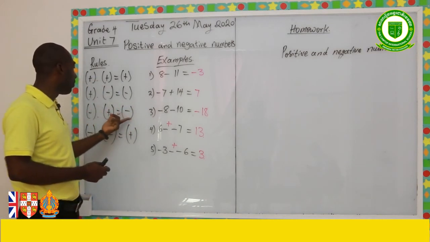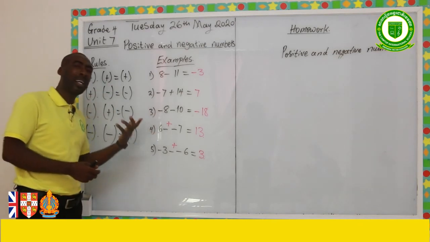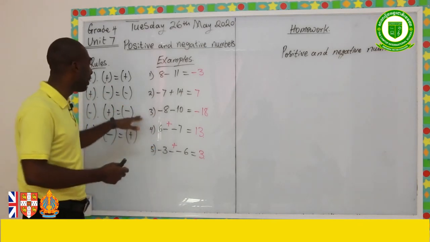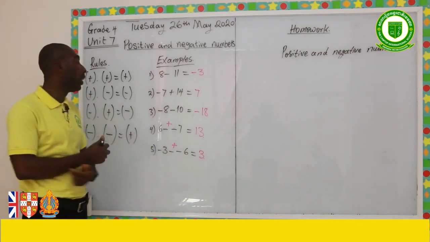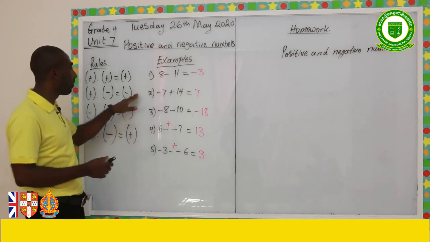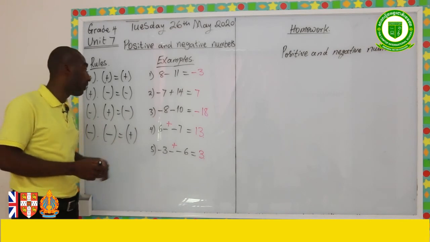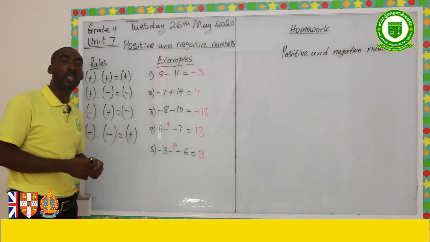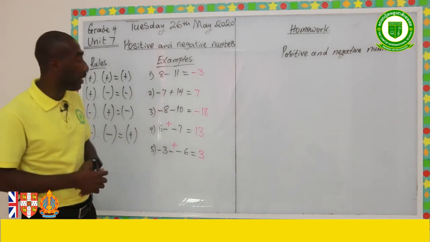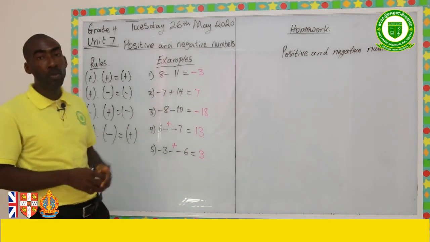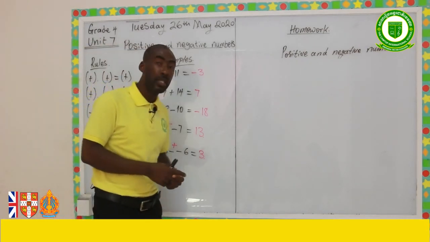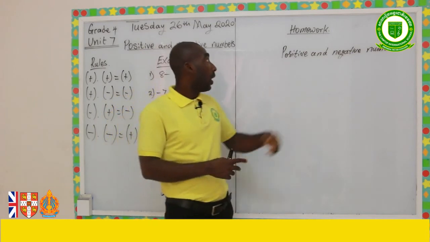And then the other rule, when you have a larger number carrying a positive sign, it means your answer is going to be positive answer. So whenever you are dealing with rule 2 and 3, you always have to look out for which of the signs carry the larger number. Okay, that will help you to find your answers all the time.